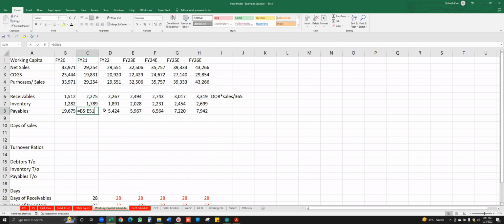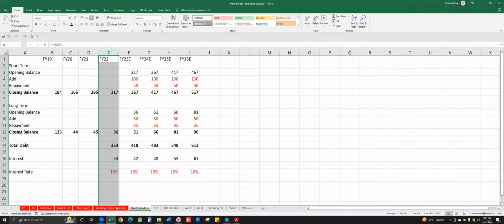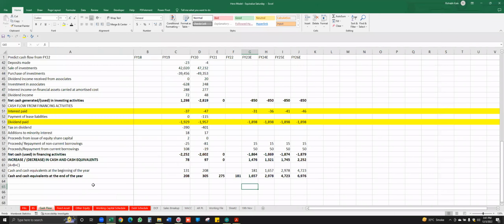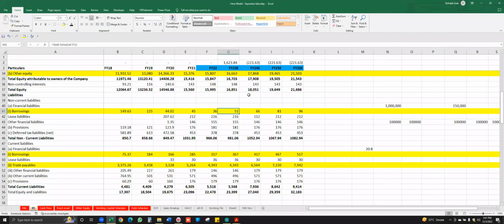It's already been linked. All the numbers are now linked from here. This is historical, 22 is historical. Now your balance sheet should tally.